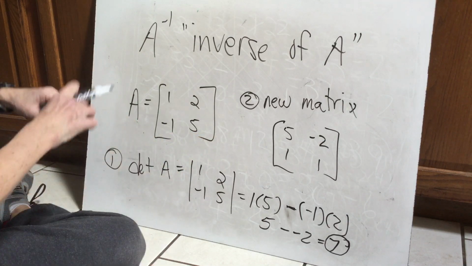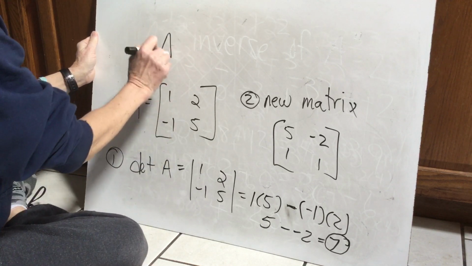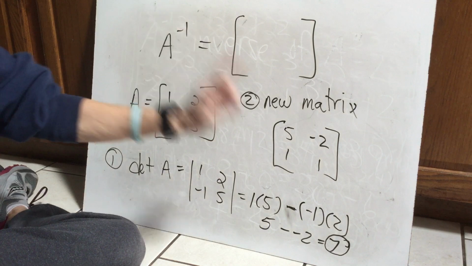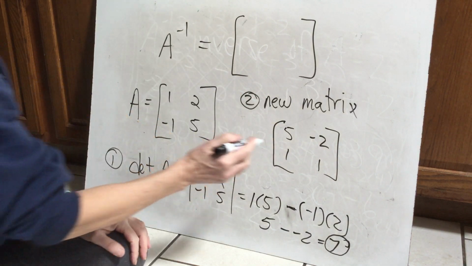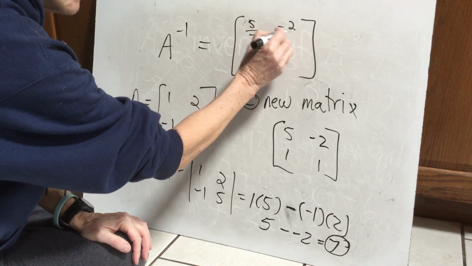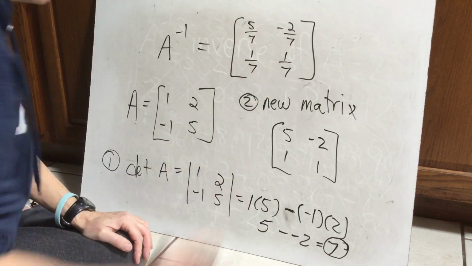The inverse will be this new matrix with every number divided by the determinant. Every number divided by the determinant.